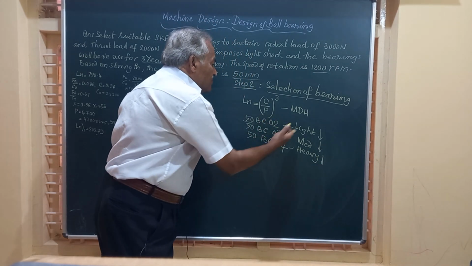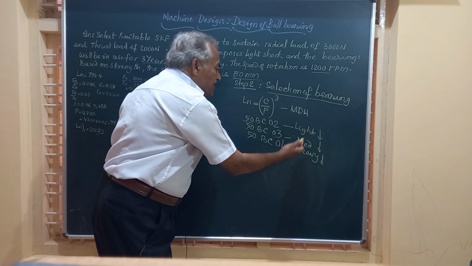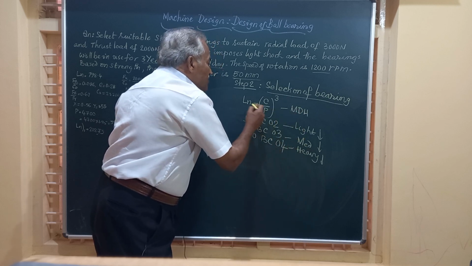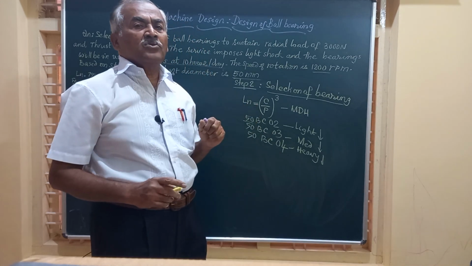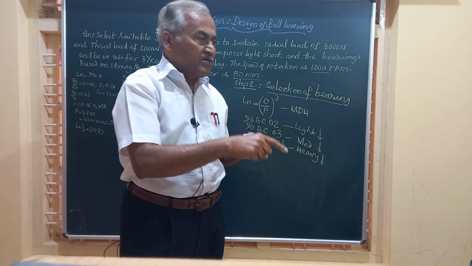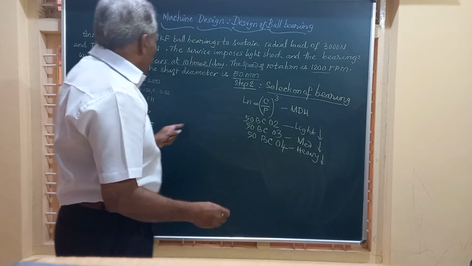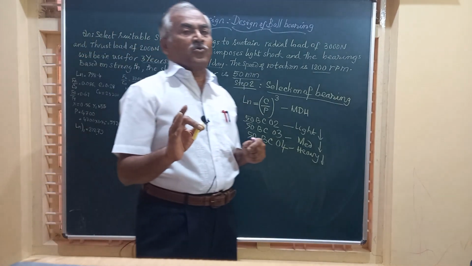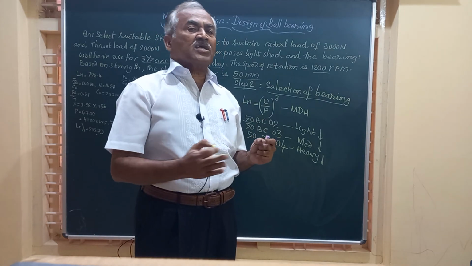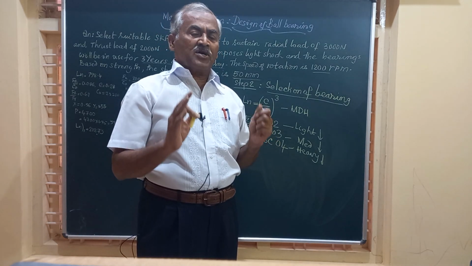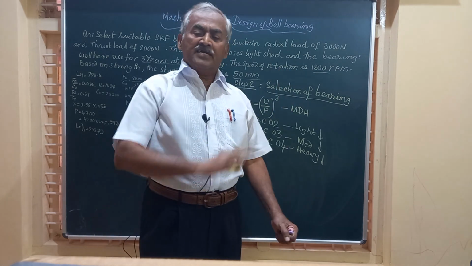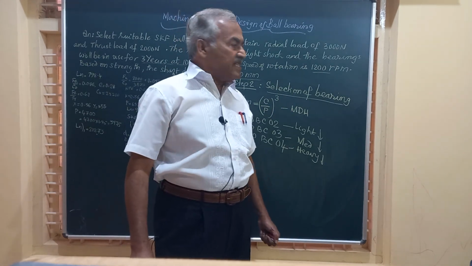Find out the value for that bearing, light, medium, and heavy in order, till you get this Ln value, the life of that bearing, from one of these. We should have a life equal to 798.4 because the bearing we select should have a life of 798.4 millions of revolutions compulsorily. It can never be lesser than that.